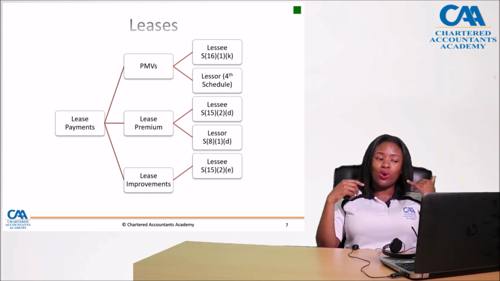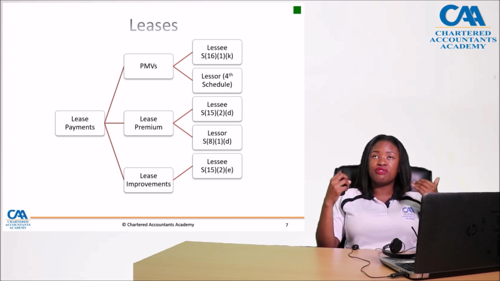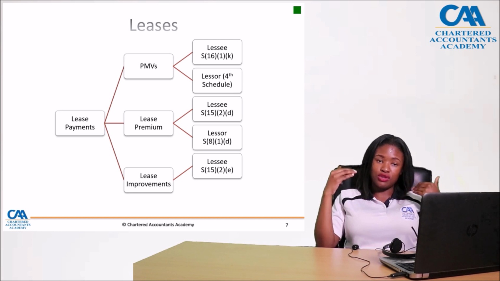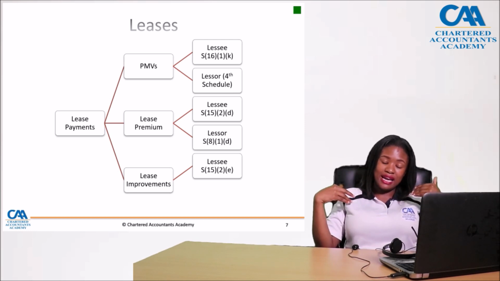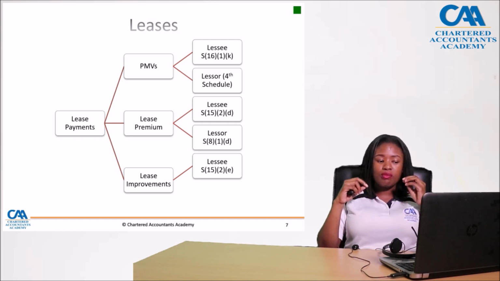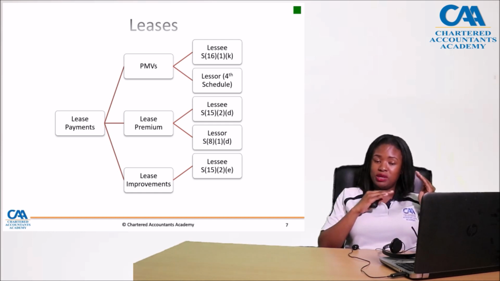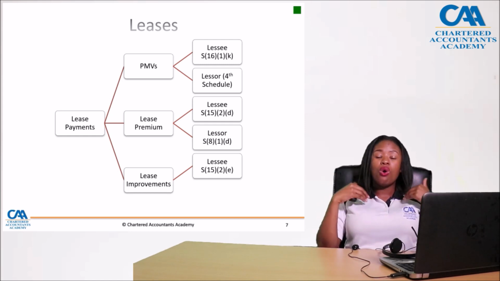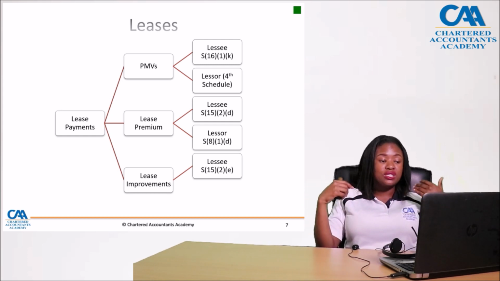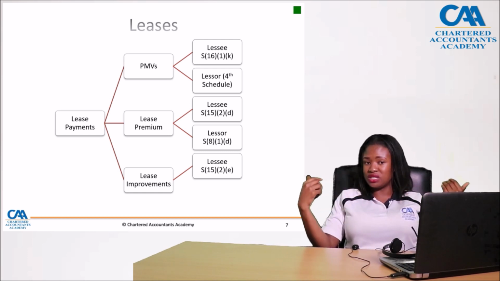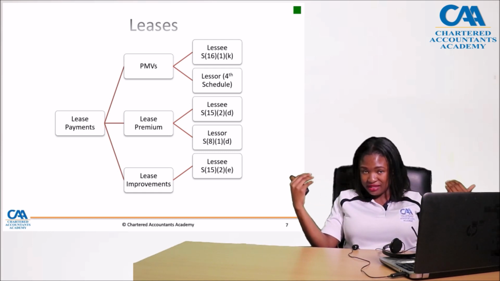Then we have what are called non-obligatory improvements. So even if we agree that I'm going to do the ceiling and the floor for 10,000, and then I end up incurring 15,000, only the 10,000 is the obligatory one. The other 5,000 is considered voluntary. Or even out of the blue, a person can decide that, this is my place of business, I just want to put in a lawn or something like that.